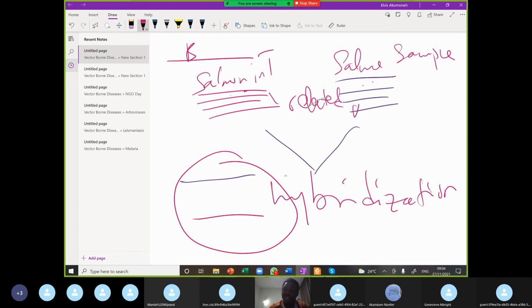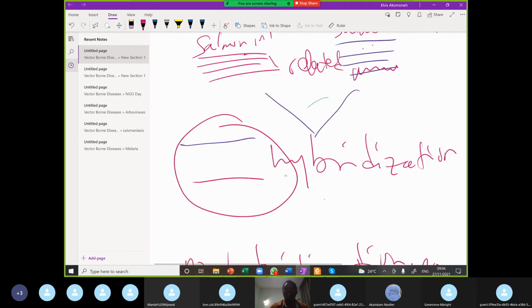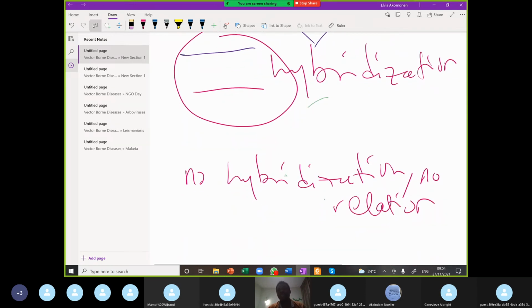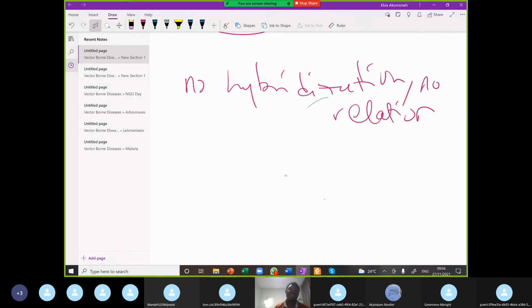If there's sufficient mutation in one, there will be no binding. So binding implies there is a relationship. Lack of binding could mean that one, there's no relationship, or two, there's sufficient mutation to prevent binding.